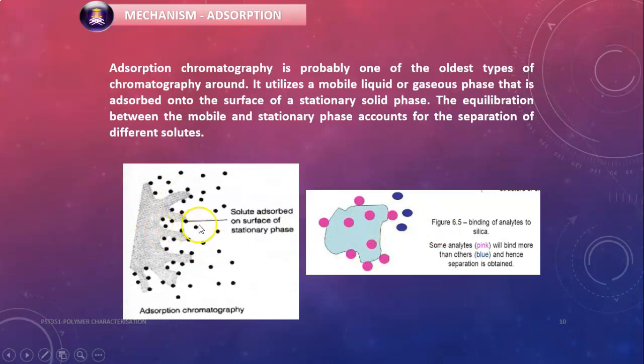We can see that the black particle here is a solute, which is adsorbed on the surface of the stationary phase. The one with the amoeba-like illustration here is the stationary phase. So it means that the sample you want to separate sticks at the surface of the stationary phase.